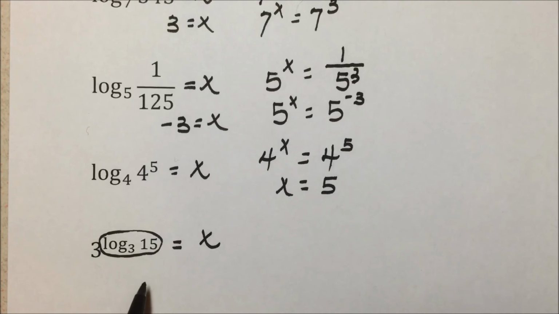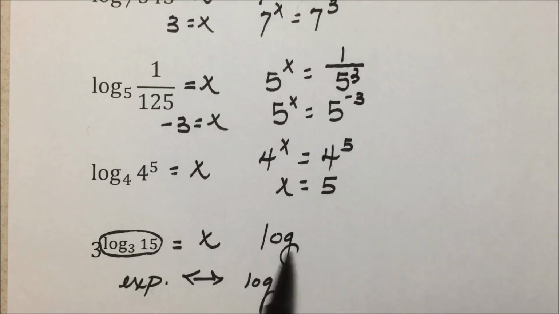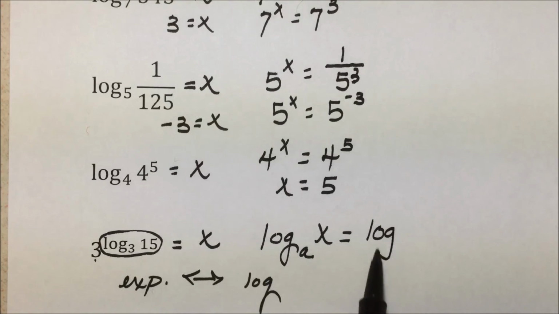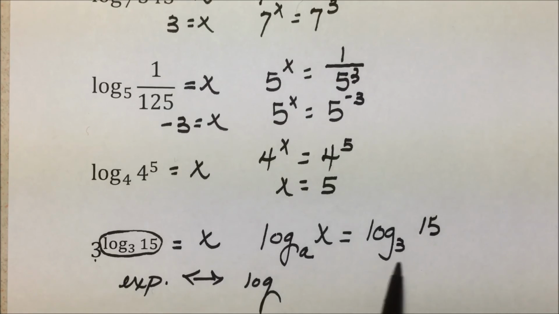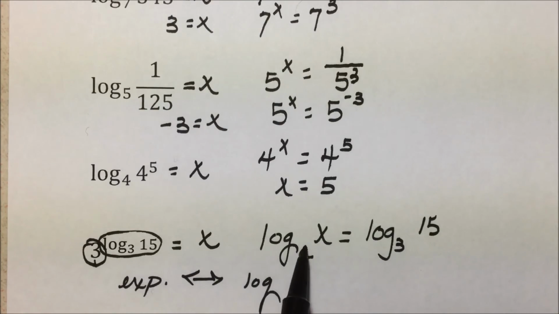We could put this in an equivalent logarithmic form. So we're going to go from exponential into an equivalent logarithmic form. So that would be log of this base, this is our a, of x is equal to the exponential power. And our exponential power, that whole exponent, is the expression log base 3 of 15. So having written this in our logarithmic form and comparing, we have log base, and I wrote a, but it should actually be a 3 here.